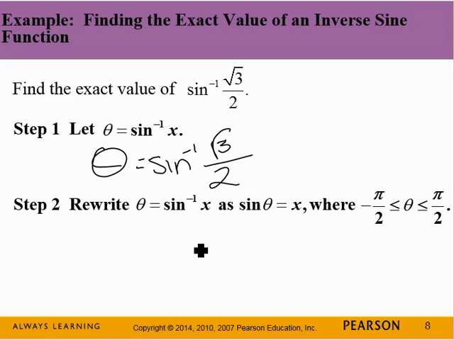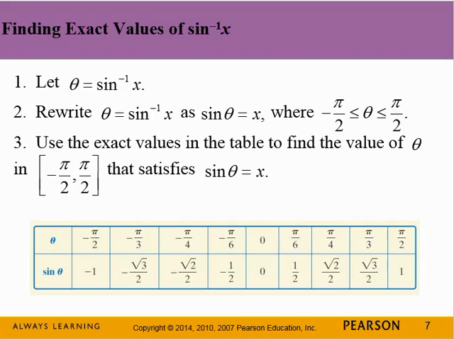Step 2 is to rewrite it as sine theta equals square root of 3 over 2. Now you go to your chart and see where sine theta equals square root of 3 over 2. Square root 3 over 2 is at pi divided by 3.